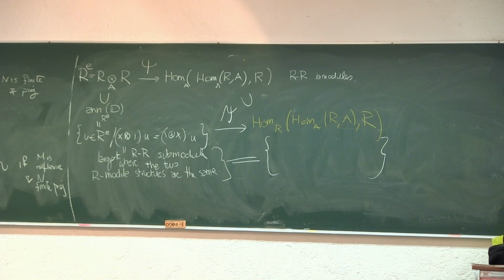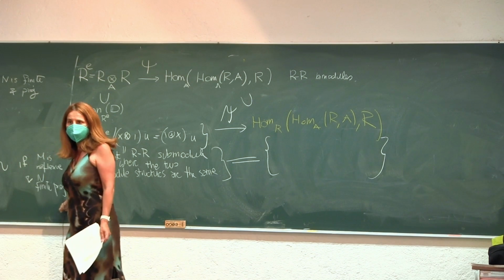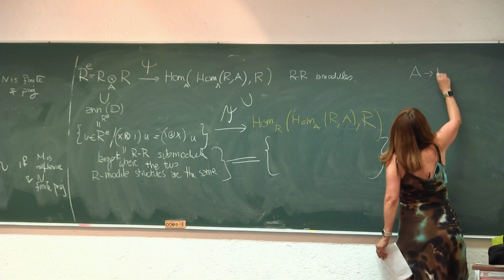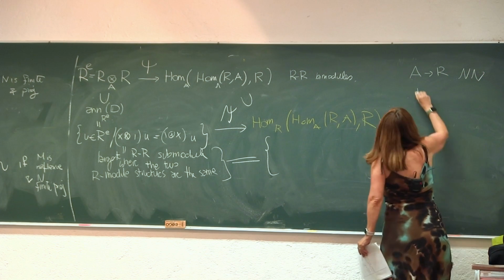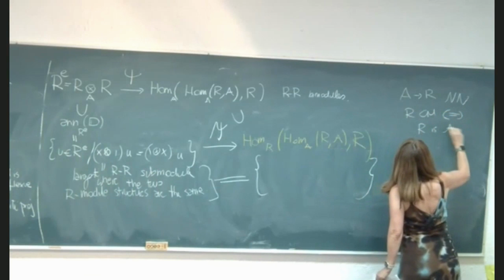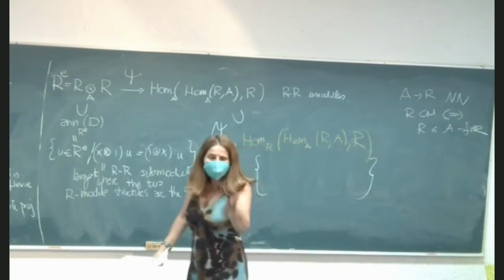In general theory, I need this assumption. But I can just assume that R is Cohen-Macaulay. Why? If you have Noether normalization, what does it mean to be Cohen-Macaulay? It means to be free over A. So all these assumptions are going to be true. R is a free A module, so it's obviously reflexive, it's always projective.